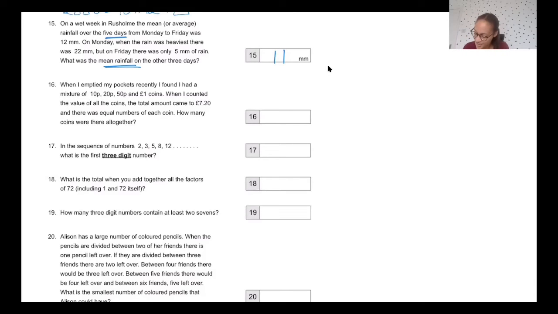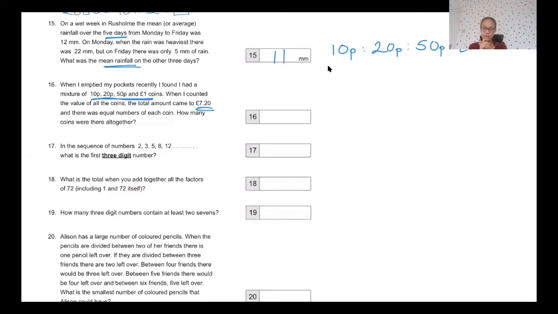Okay. All right, this question. So the total amount came to £7.20, and she had equal numbers of each coin in her bag. Now, we're going to use ratio for this, but we have to be careful about the amounts we're putting down. So my headers, just 10p, 20p, 50p, and £1 coins.